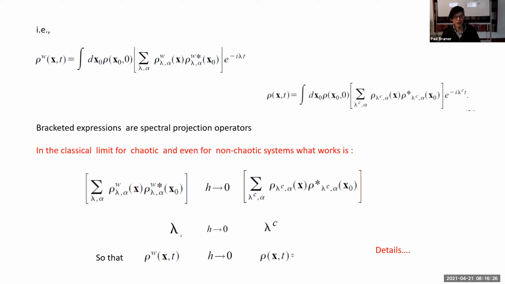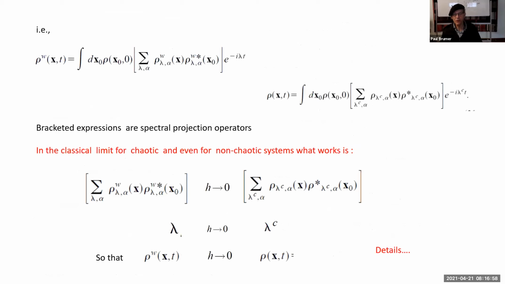Part of the reason is because of these degeneracies, which I've sort of buried in the alpha. Alpha contains all the degeneracies, but I pointed out before that in chaotic classical mechanics, you have infinite degeneracies floating around all the time. So again, there are the details.